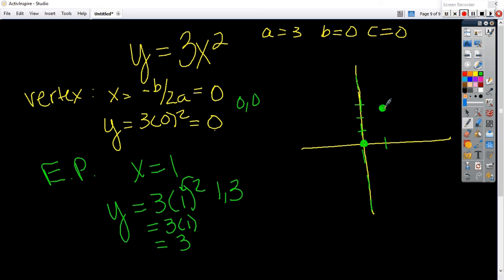Where? 1 squared? I plugged in this original equation. Okay, you with me? Now what do I do at that point? Reflect it. Reflect and connect. Tell me what you think.